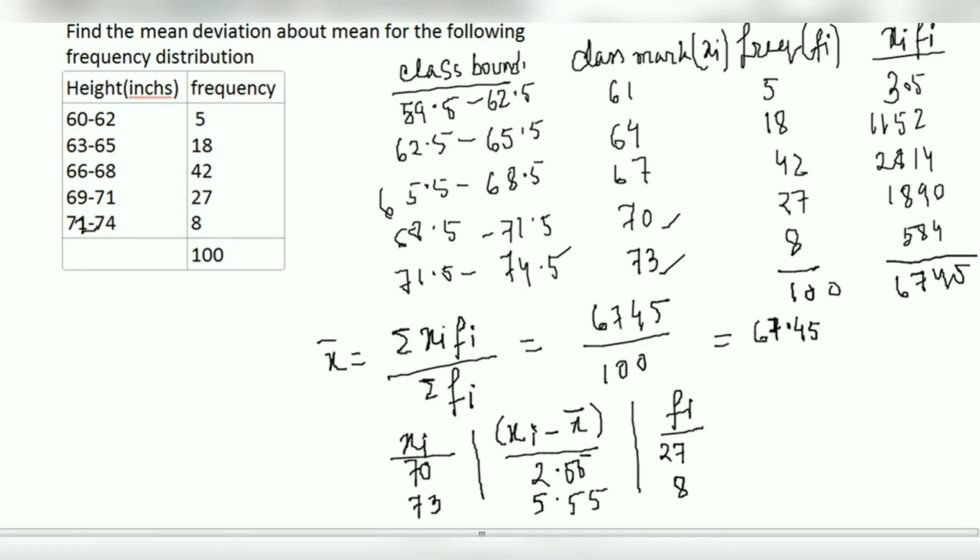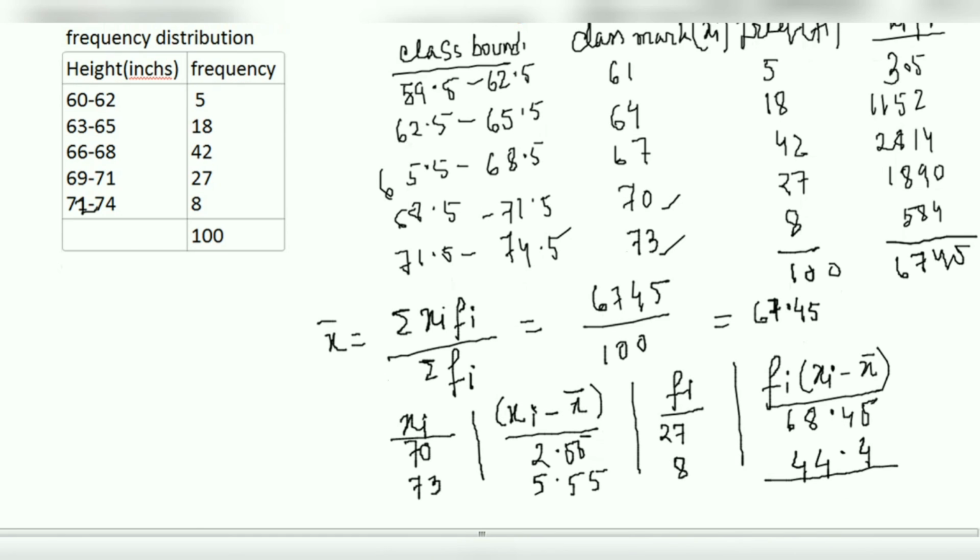So fi into xi minus x bar will be 68.85 and 44.4, and the sum of this fi into xi minus x bar is 113.25.